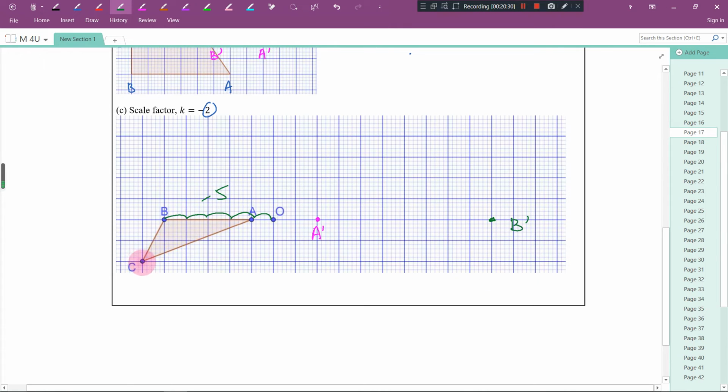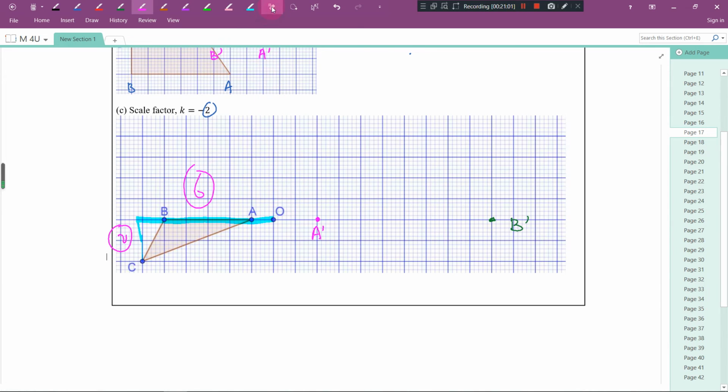How about C? This one you have to be more careful. You can pause the video, try to get the image of this vertex first, so later on compare with my answer, see whether you get it correct. So here I'm going to use an L shape to help me to get the image of this vertex. 1, 2, 3, 4, 5, 6, 1, 2. 6 and 2.